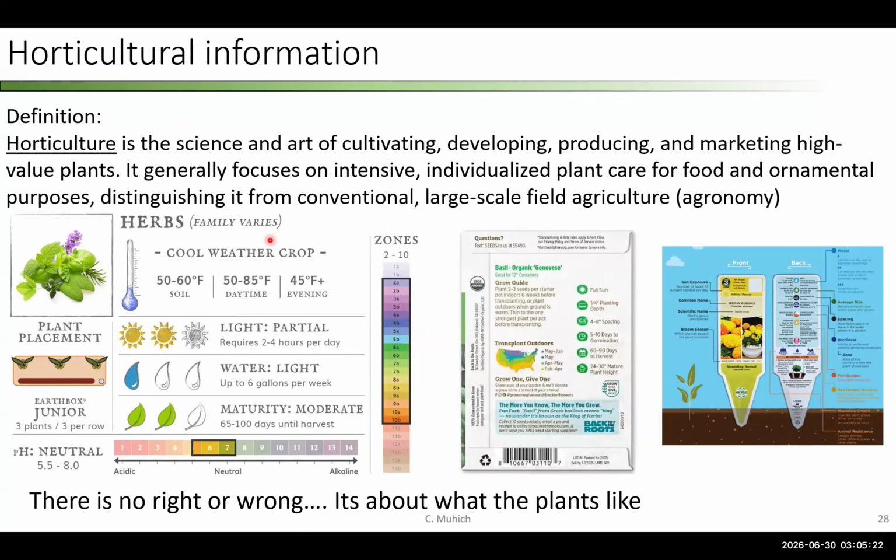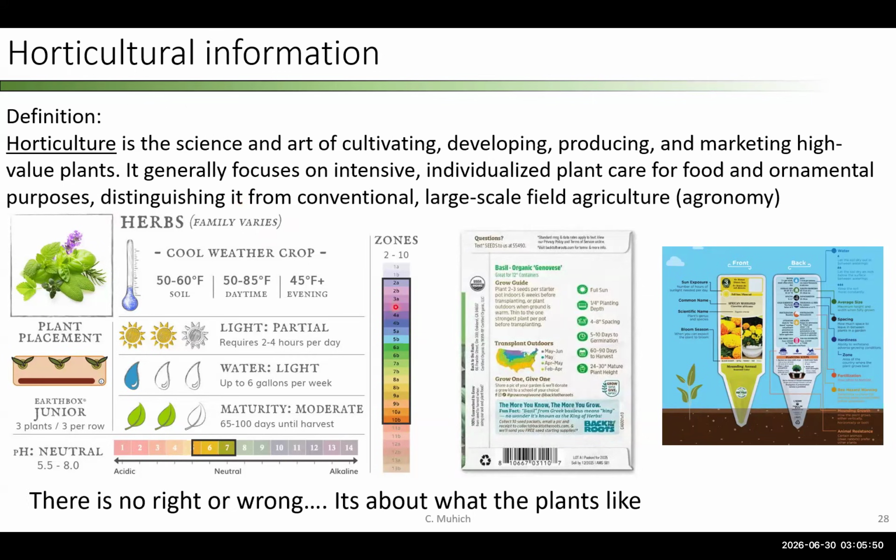So, emphasis on high value plants. This usually requires intensive, individualized plant care, and it's usually grown for specialized food, extractive sets, or ornamental purposes, and it's different from large scale field agriculture, which is sort of agronomy.